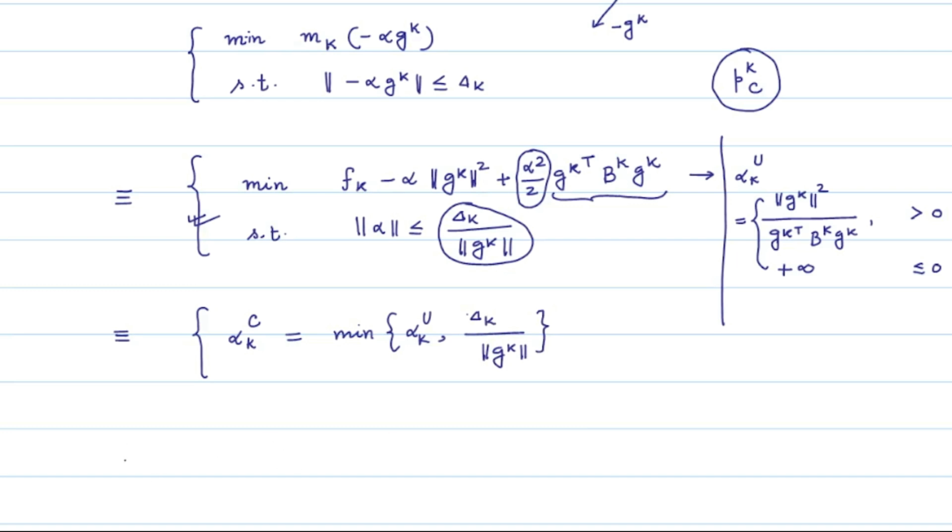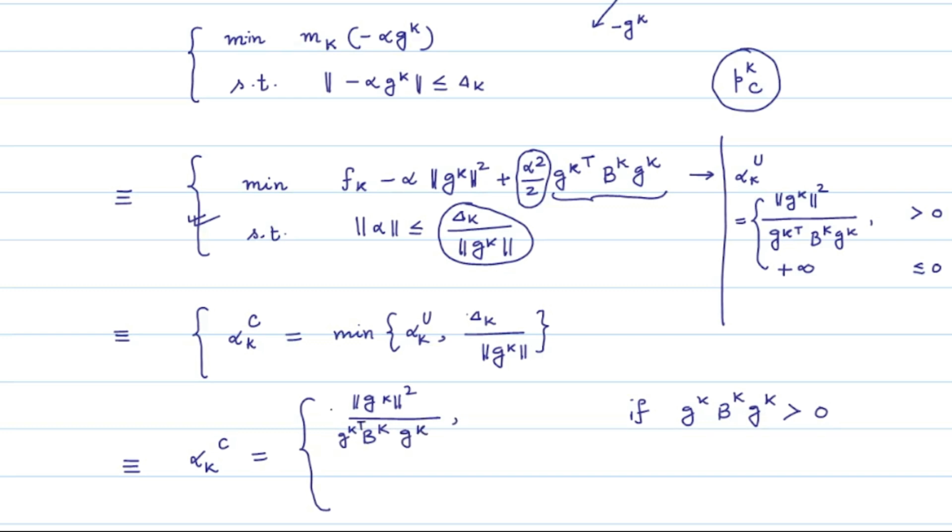Therefore alpha kC is given by: when gk transpose Bk gk is greater than 0, then alpha kC is given by norm of gk square divided by gk transpose Bk gk, and the minimum value of this together with delta k divided by norm gk.